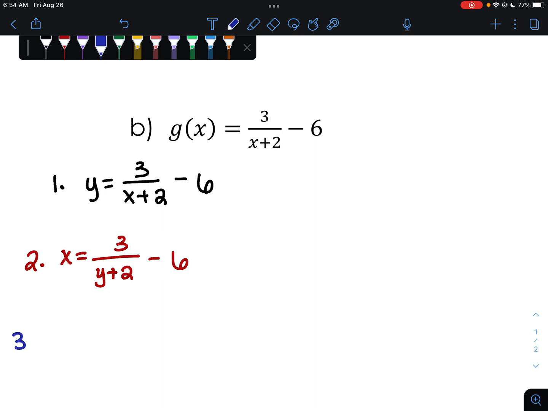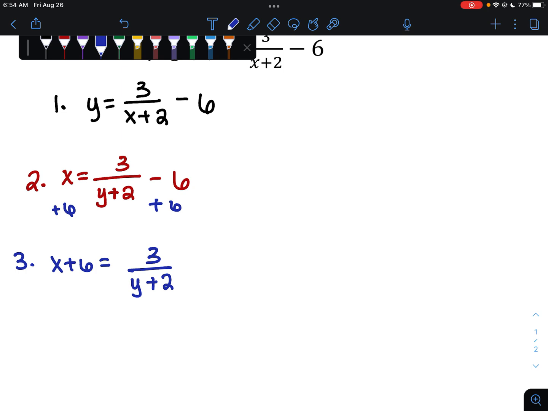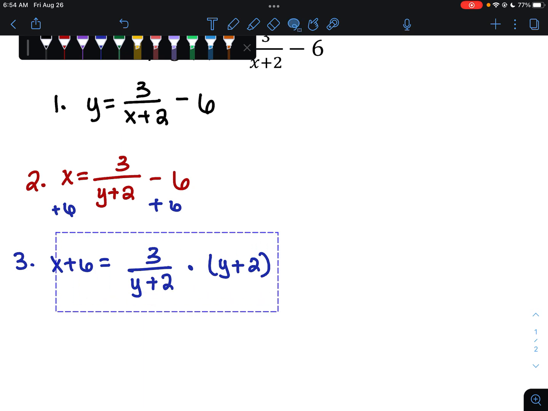Step 3, we start solving for y. So I'm going to start by adding 6. So I get x plus 6 equals 3 over y plus 2. I need to get that y out of the denominator. So I'm going to multiply by y plus 2 on both sides. So I need to scoot this over.